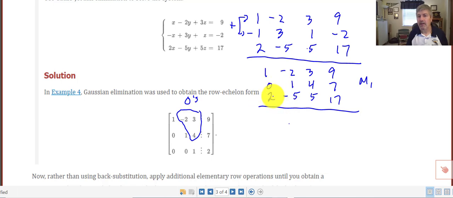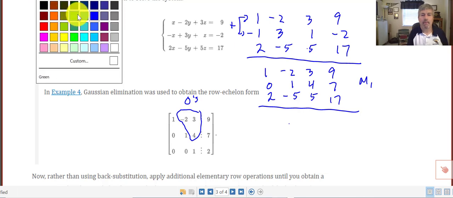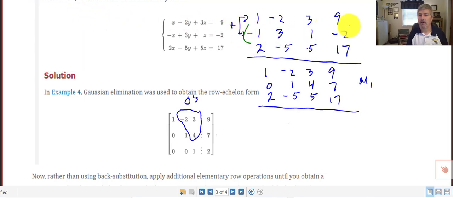Now I need to take care of this 2. So what I did here is I'm going to multiply this second row by positive 2, and I'm going to add it to row 3. Based on what we saw earlier in the sample, it would be like 2R2 plus R3.